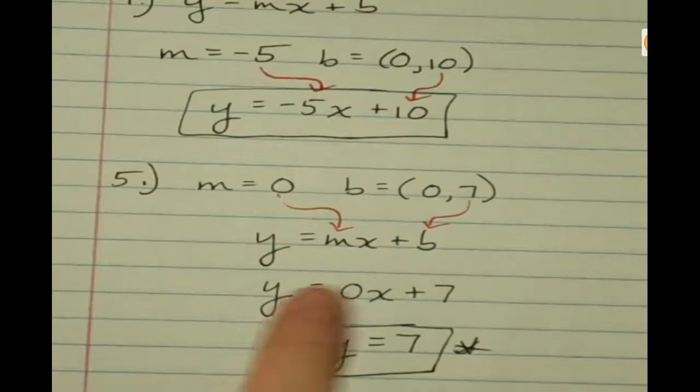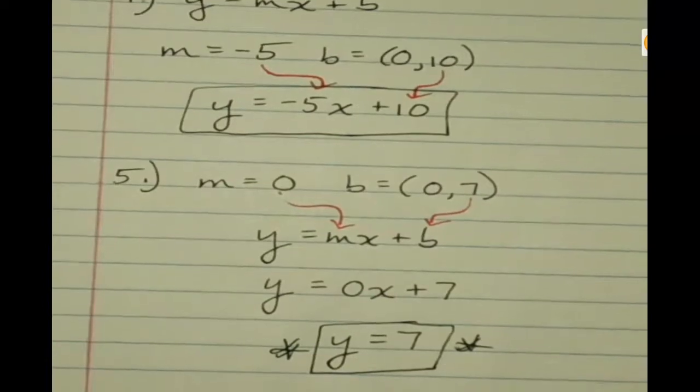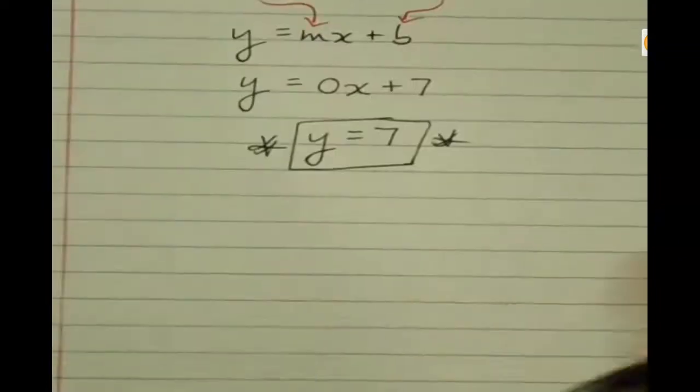However, 0 times x is 0. So it's written like this. That's why I do that example. Any questions? And we know, would that graph be vertical or horizontal? Horizontal, crossing the y-axis right at that 7. No slope. None.